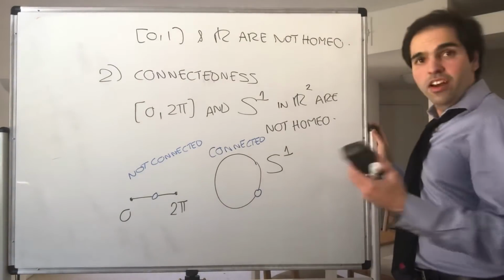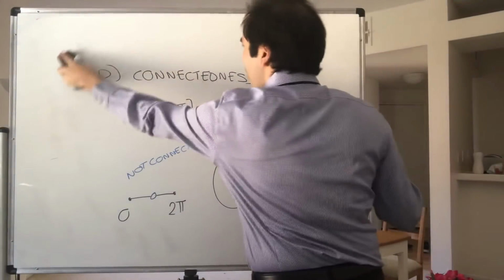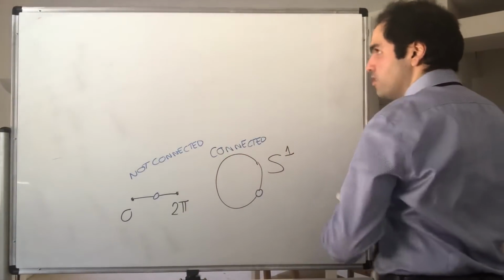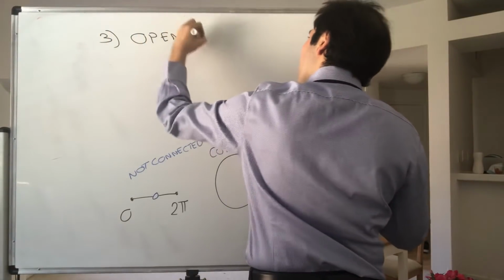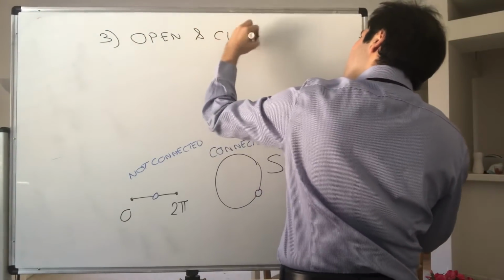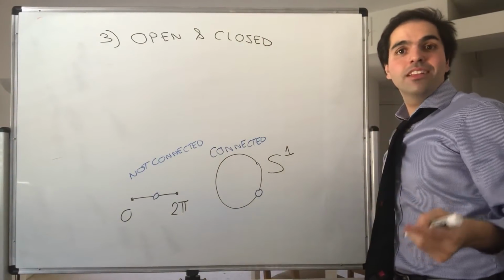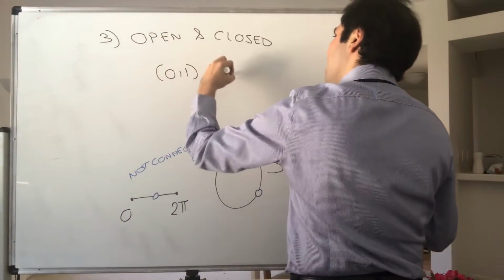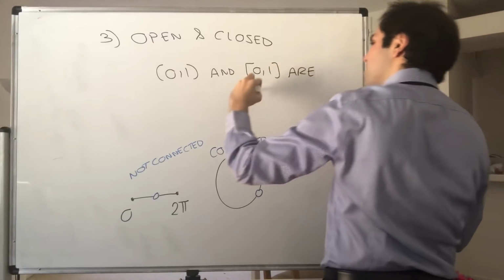And another property, of course, the most important one in topology, is openness and closedness. So, open and closed. So this is, for instance, why the open interval 0, 1 and the closed interval 0, 1 are not homeomorphic.